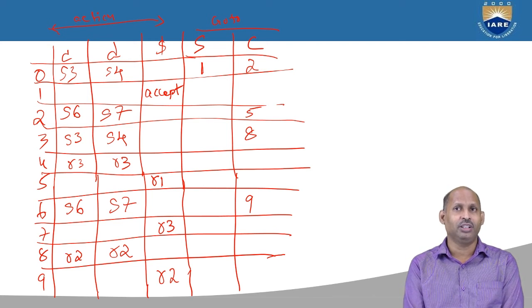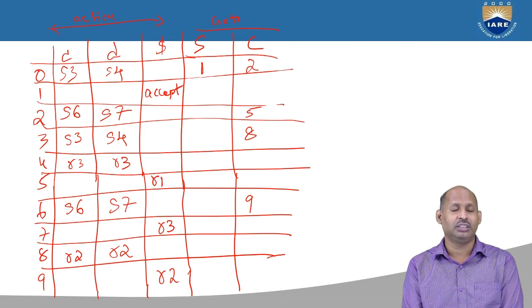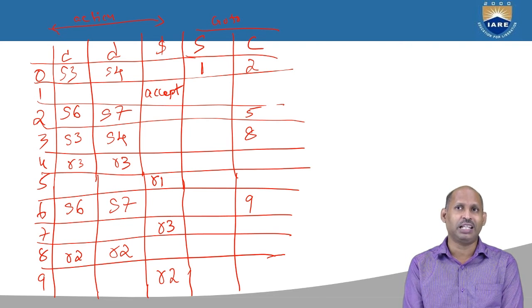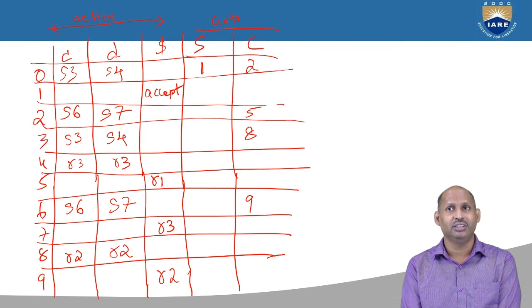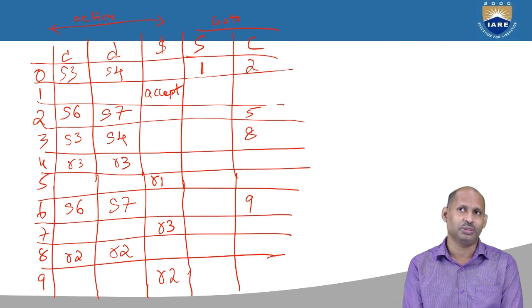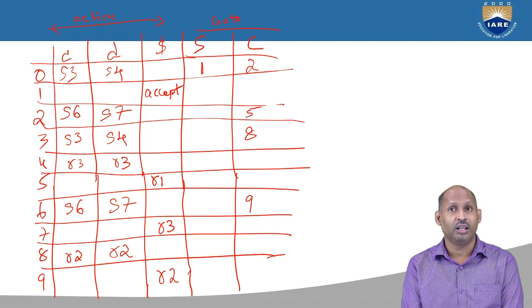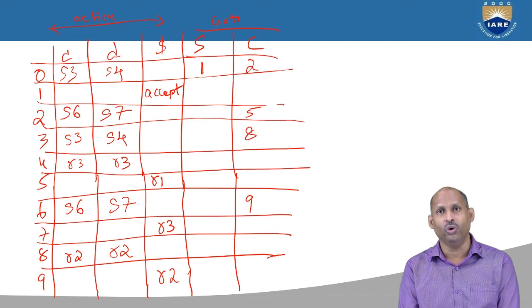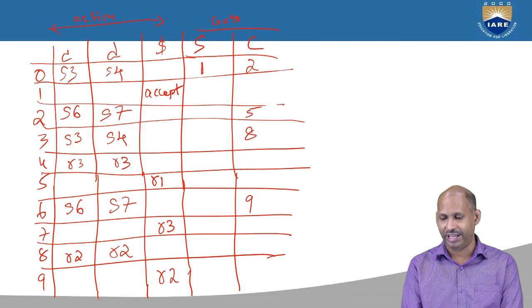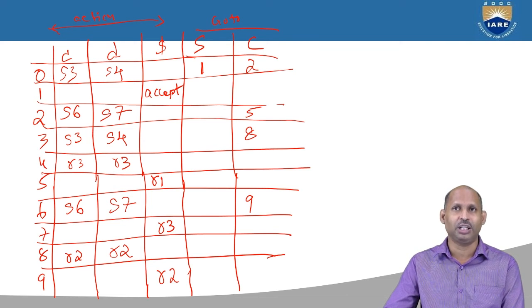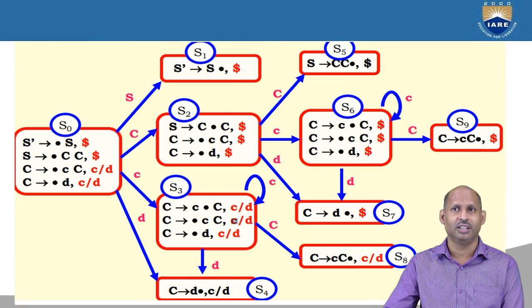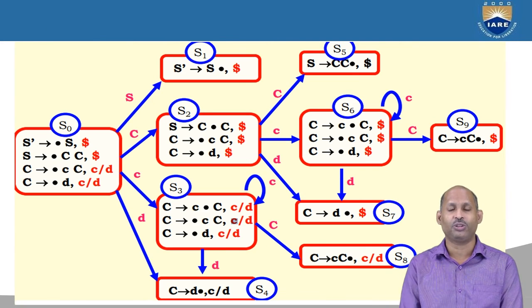The action part will have the column labels as terminals, and the go-to part will have the column labels as variables. Right? So, using our DFA, we are filling all the table entries.